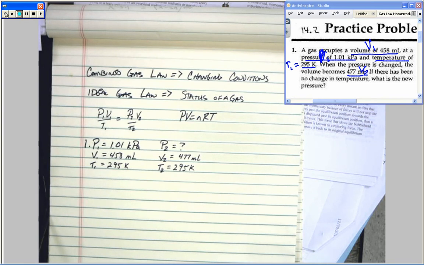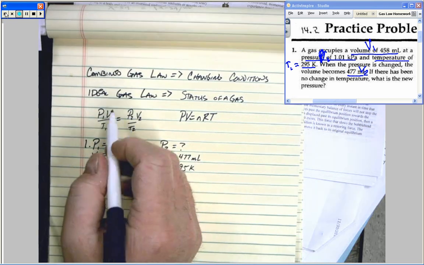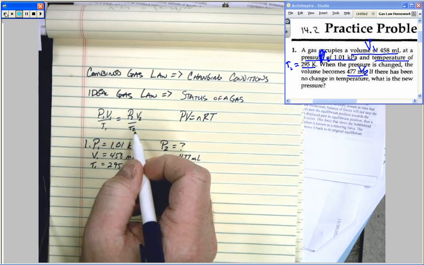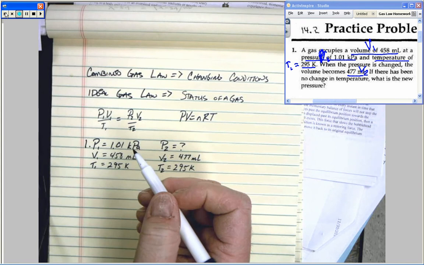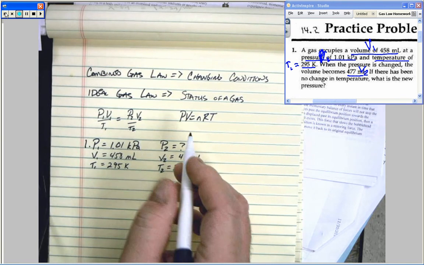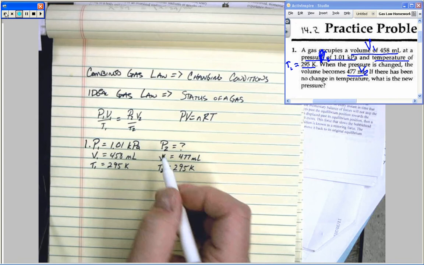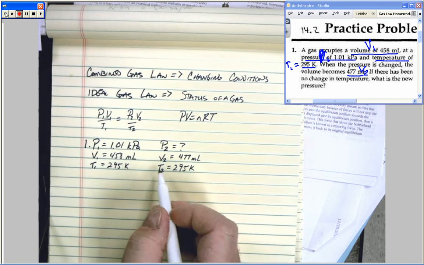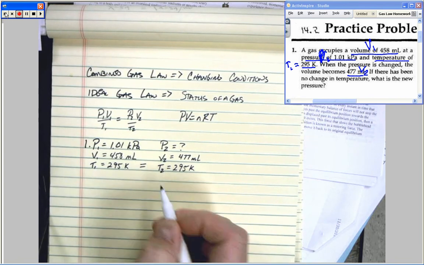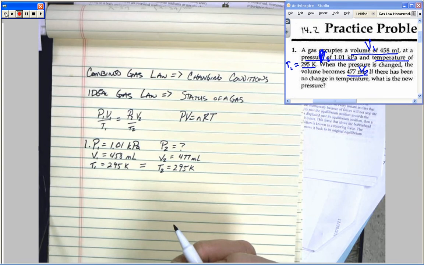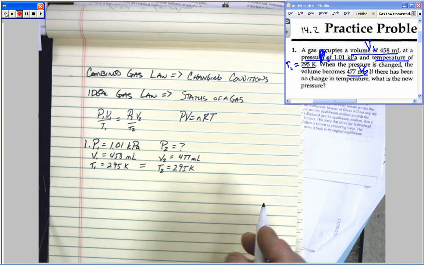Okay, so we're looking for P2. So we're going to need to solve P1 V1 over T1 equals P2 V2 over T2 for which one? For P2. Okay, there's a trick though. Notice how these two are equal to each other, right? That means that we can actually cancel them.